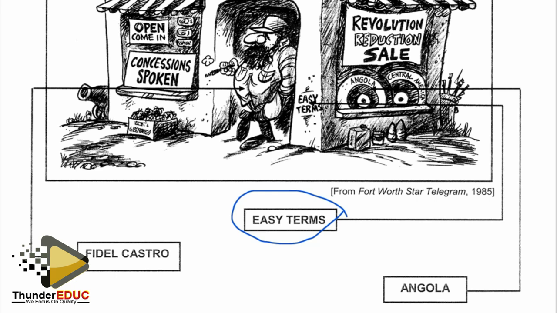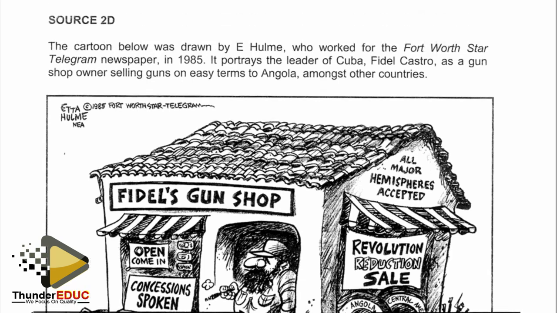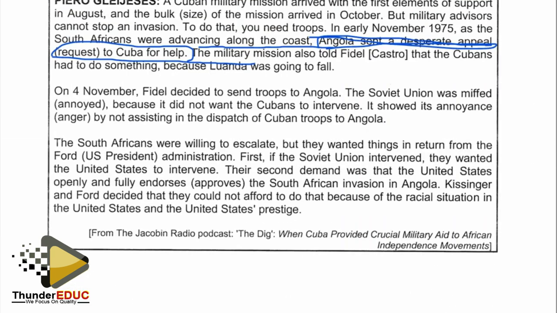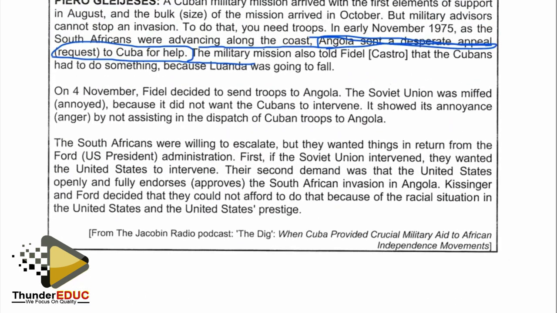Then also, if you check there, source 2C is also talking about how Fidel decided to send troops to Angola.